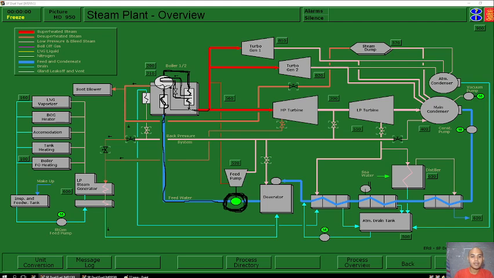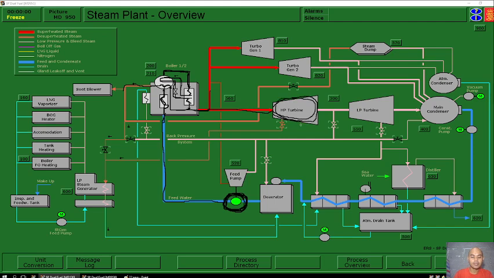There is also steam that passes through here again and becomes superheated steam. So let's start with our superheated steam, this bright red line. This superheated steam is used to start the high pressure turbine. This is our main steam line.